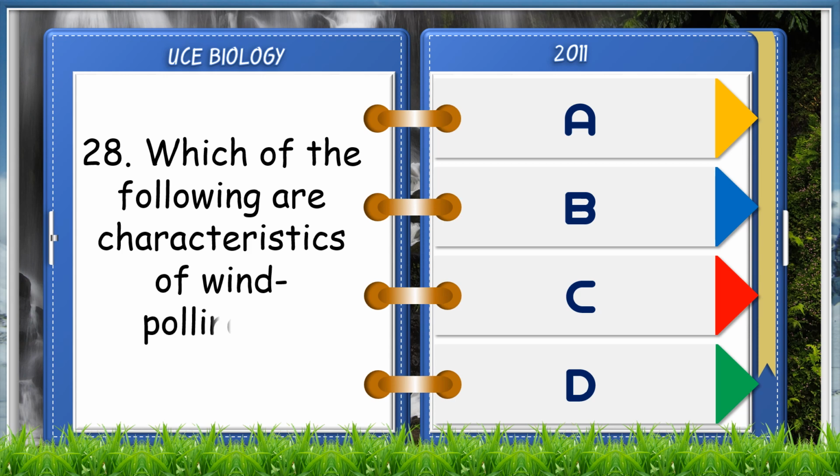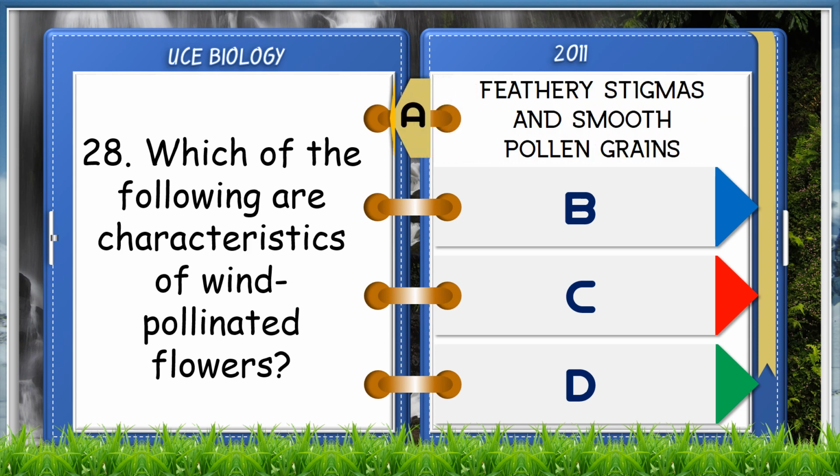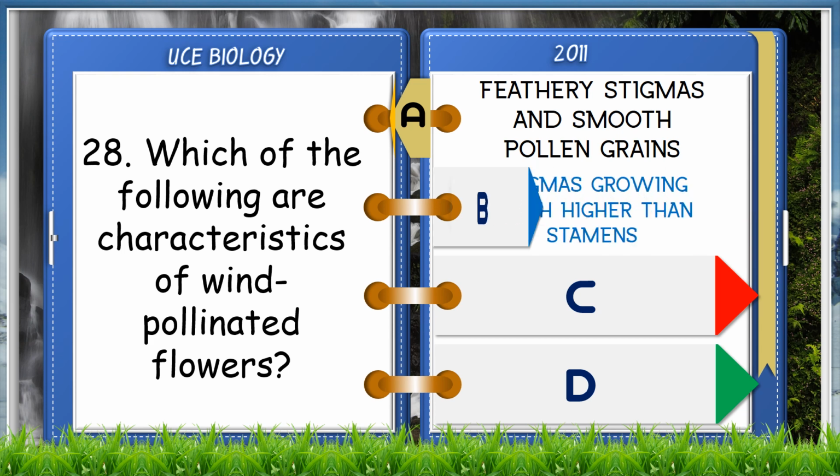Which of the following are characteristics of wind-pollinated flowers? A. Feathery stigma and smooth pollen grains. B. Stigma growing much higher than stamens.